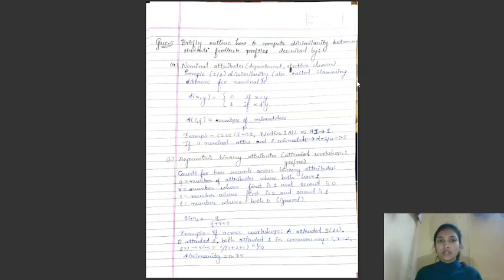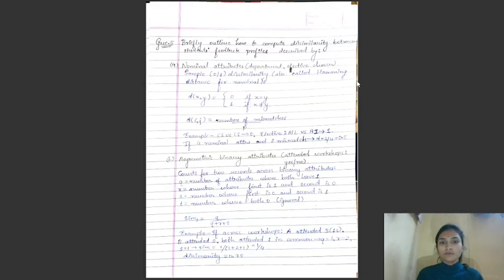Question number 5. Briefly outline how to compute the similarity between students' feedback profiles described by nominal attributes, for example department elective choosing. Dissimilarity, also called Hamming distance for nominal: dxy is equal to 0 if x is equal to y, and 1 if x is not equal to y.